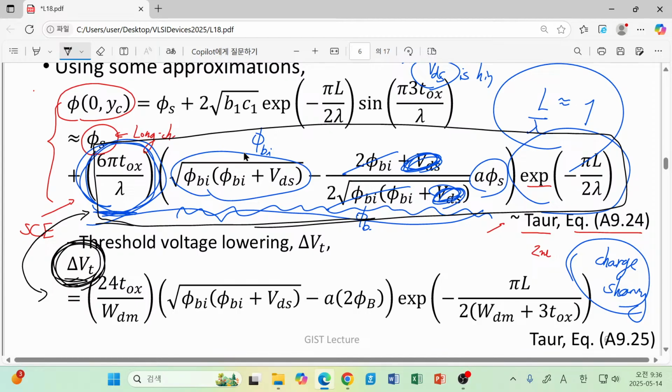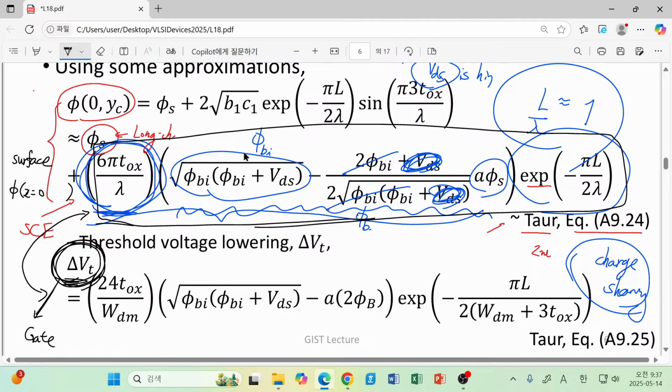Right now, in this equation A9.24, we are talking about surface potential. Surface potential is the potential at x equal to 0. And now, in this second equation, we are talking about the threshold voltage. This threshold voltage is the quantity at the gate terminal.